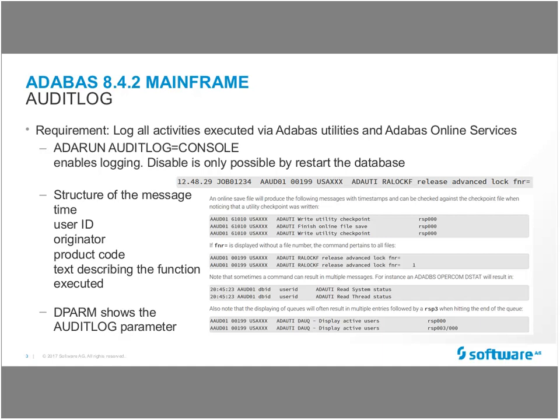The first major one is what's required by legal: all activities against the database through Adabas utilities or Adabas online services, so that means the GUI part, need to be recorded and tracked, in order to find out what happened, and if something happened which is not correct, you can find out who did what when. So we introduced a new ADARUN parameter, AUDITLOG=CONSOLE.